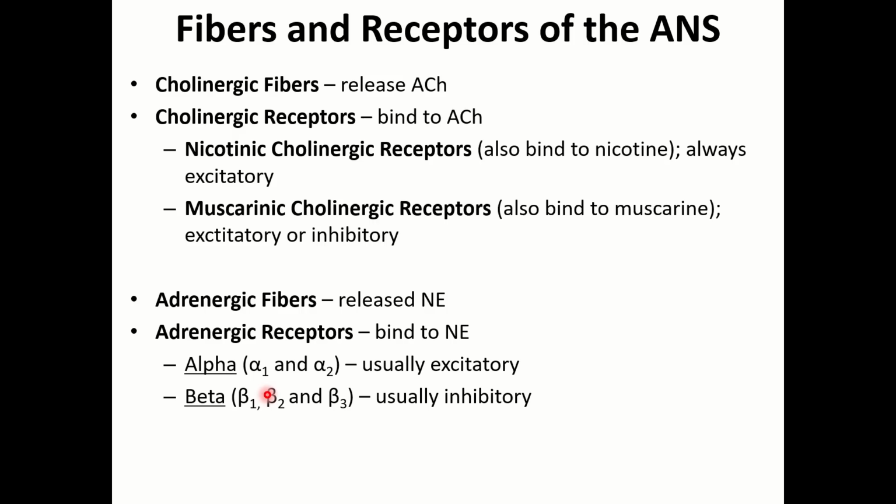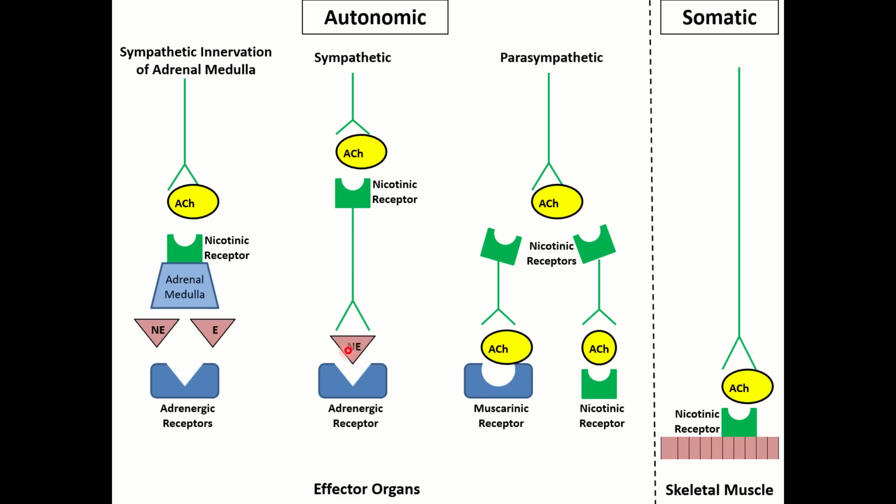On the table you were looking at earlier, you saw that some receptors were classified as alpha and beta. Now, I'm not asking you to memorize all of this yet, but most of your alpha receptors tend to be excitatory whenever norepinephrine binds to them. And so you would see alpha receptors when you're looking at the surface of the heart.